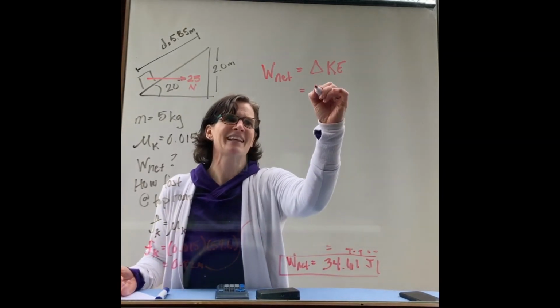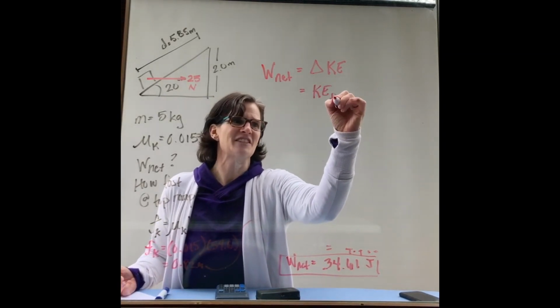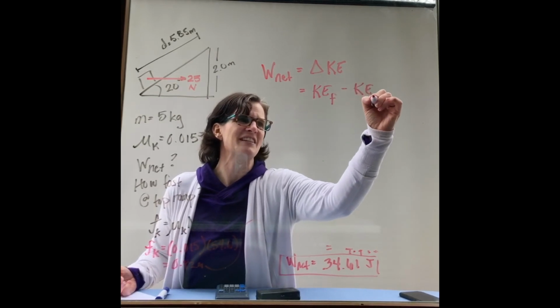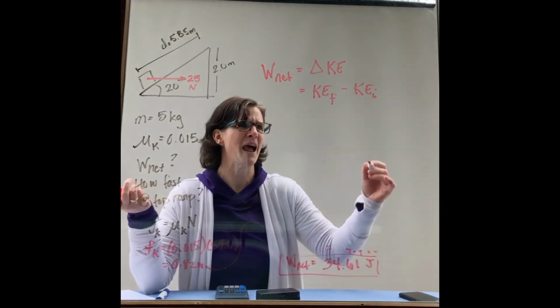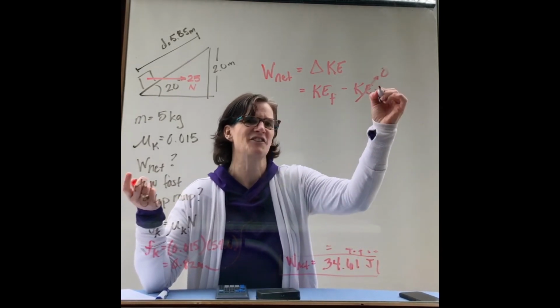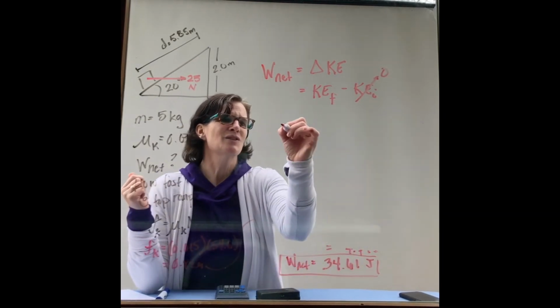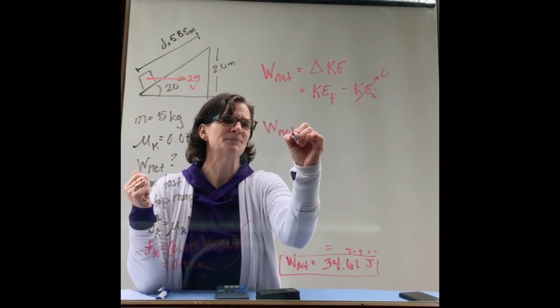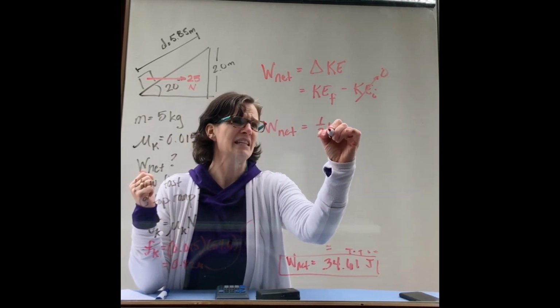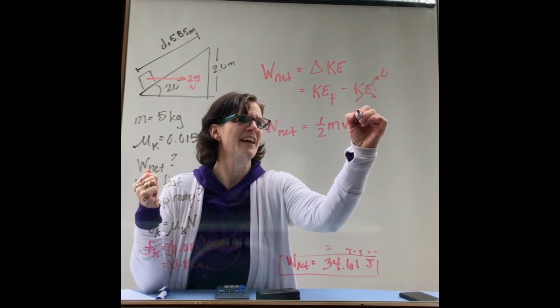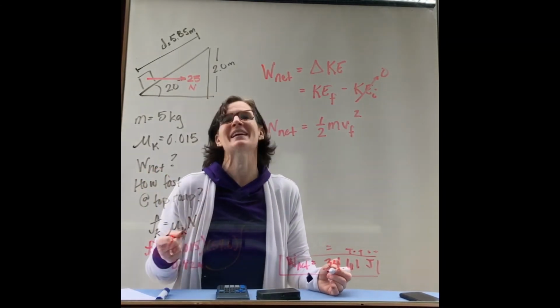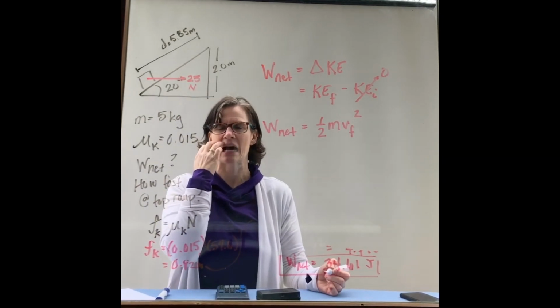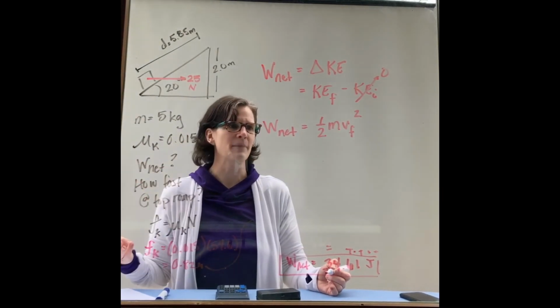Well, the change in kinetic energy is the final energy minus the initial kinetic energy. And we're told that this crate starts from rest, so our initial kinetic energy, of course, is 0. So our net work is just equal to the final kinetic energy. And the final kinetic energy is related to the speed, and so I know exactly how fast the crate is going to be at the top of the ramp.